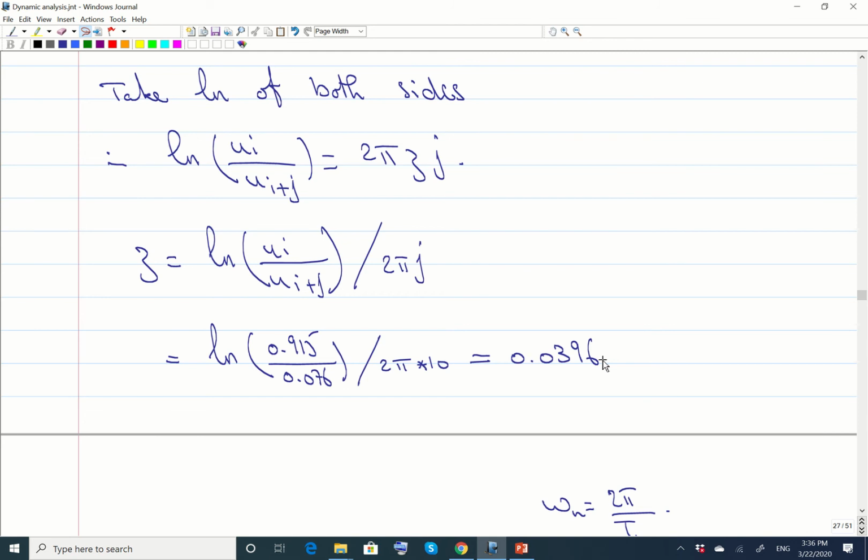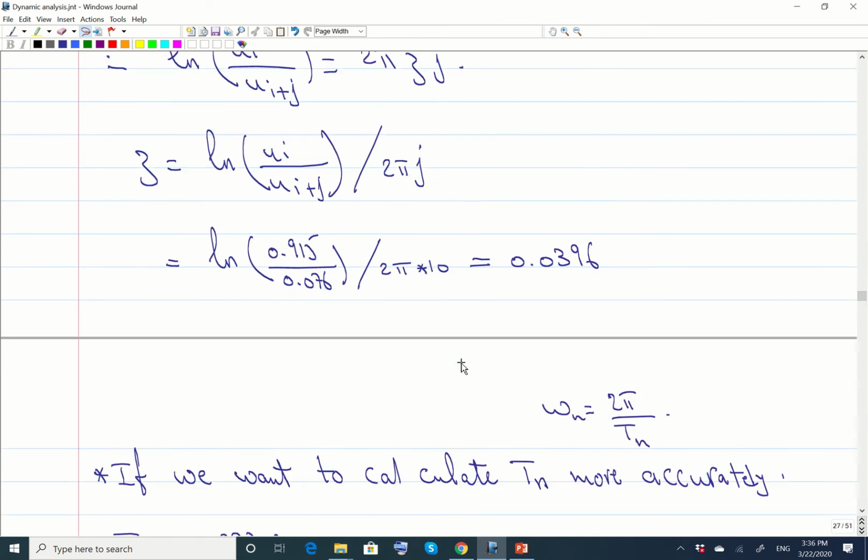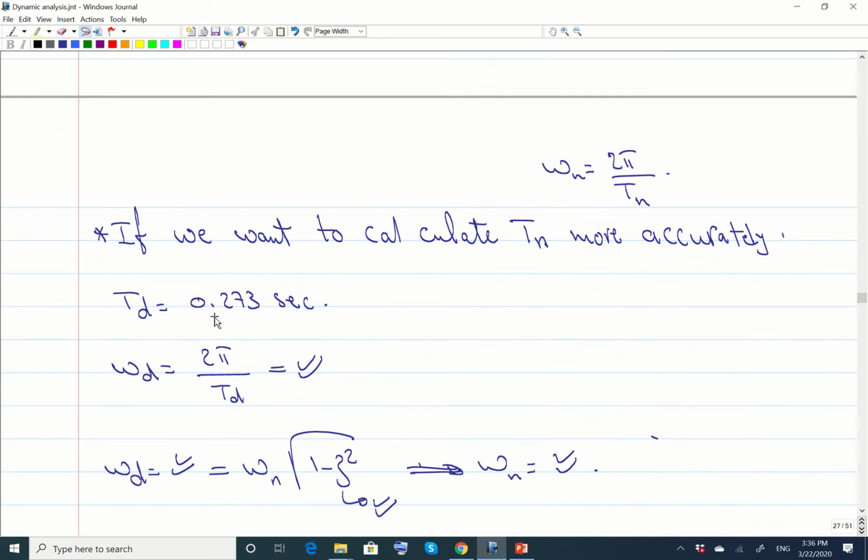Square root of that is 0.999. So the error here is 1 in 1,000. It's 0.999.